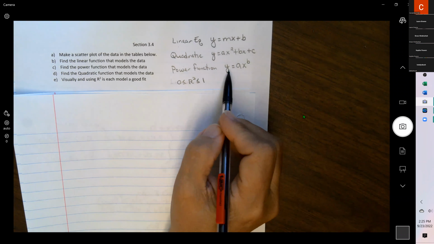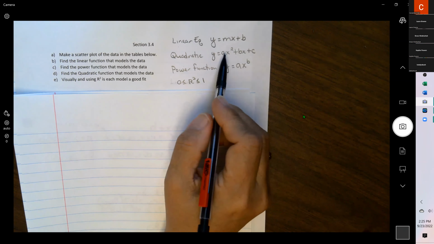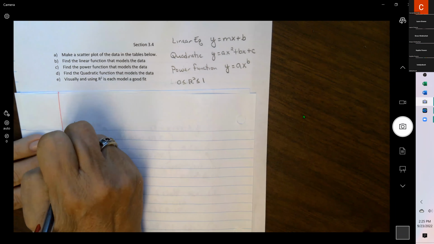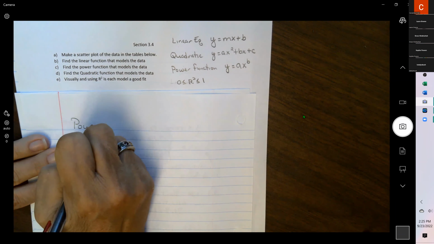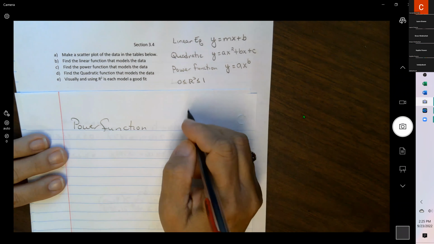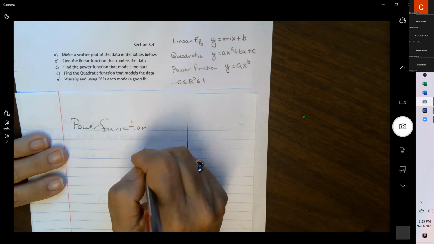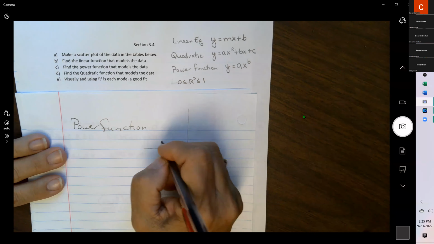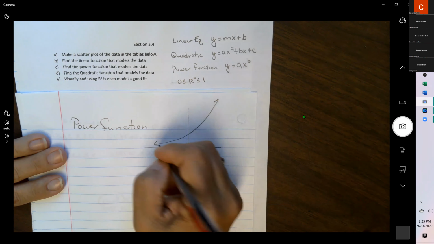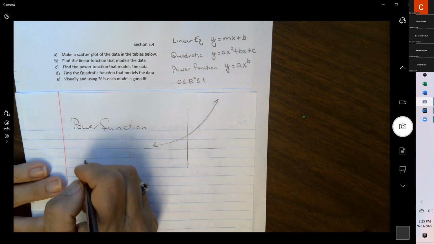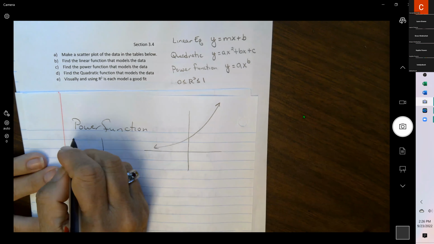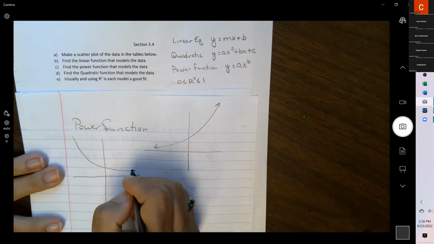A power function is x to a larger number than 2. It either grows really fast or decreases really fast.